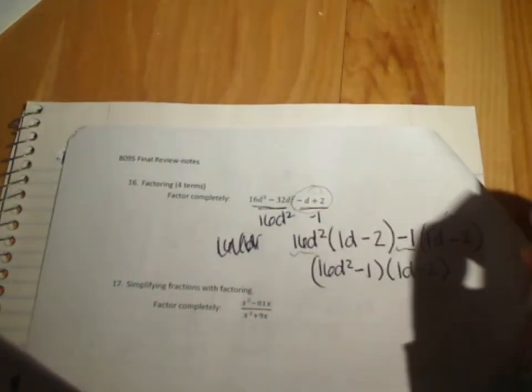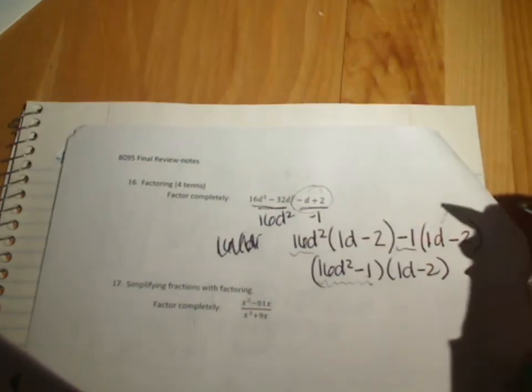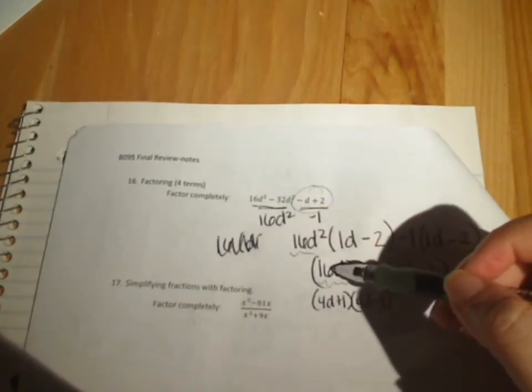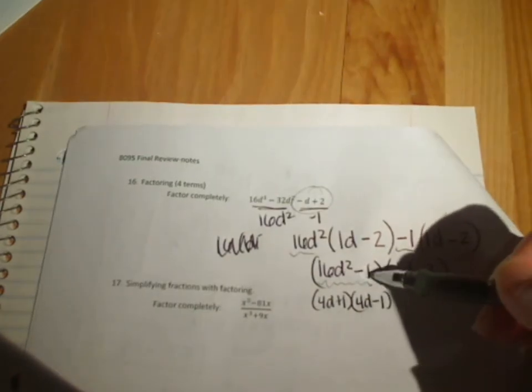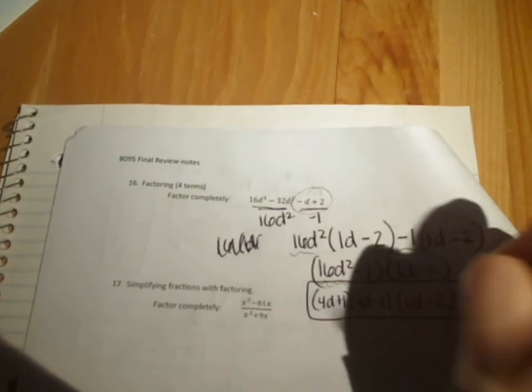Now it does say factor completely, which is a good hint to you. You probably need to do something more with one of these parts. Now this one can factor into 4d plus 1 and 4d minus 1. It's a special one, perfect square. So square root that and you get 4 and 4, square root that, you get d and d. Square root that, you get 1, so positive, negative, and then you still have 1d minus 2 hanging around as one of the factors. And then you're done.